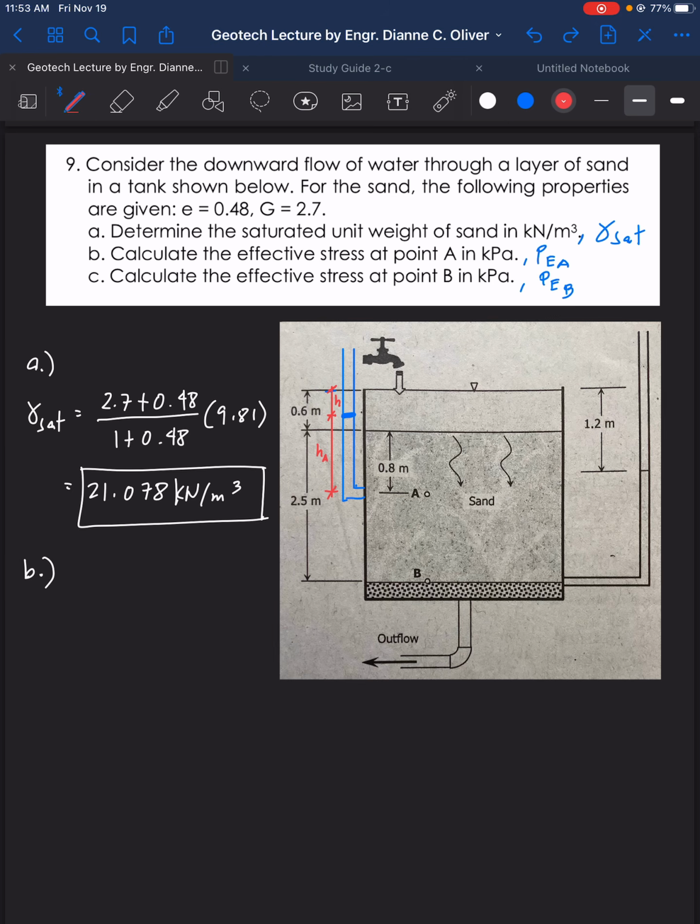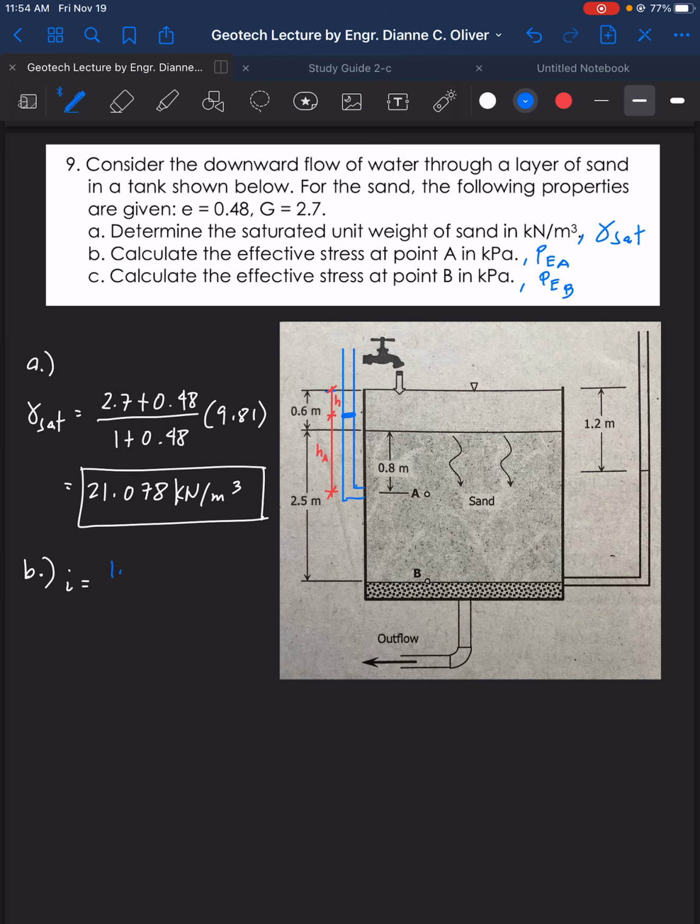Alright. Because we need to find first the value of that H. For I, or hydraulic gradient, for the entire system, we need to consider this tube that is inserted at the bottom of the tank.